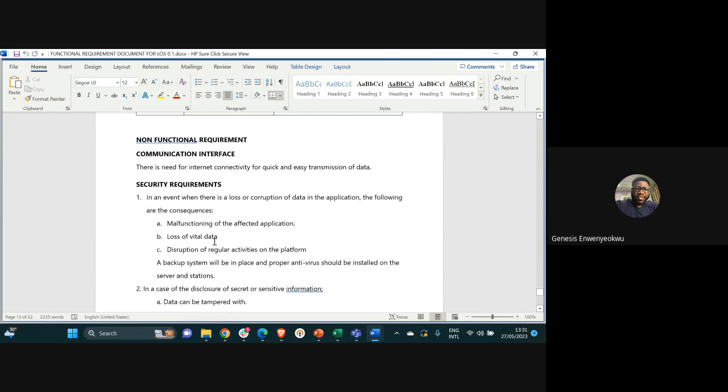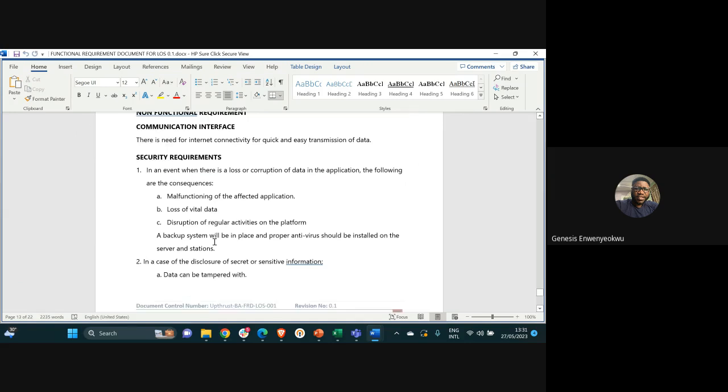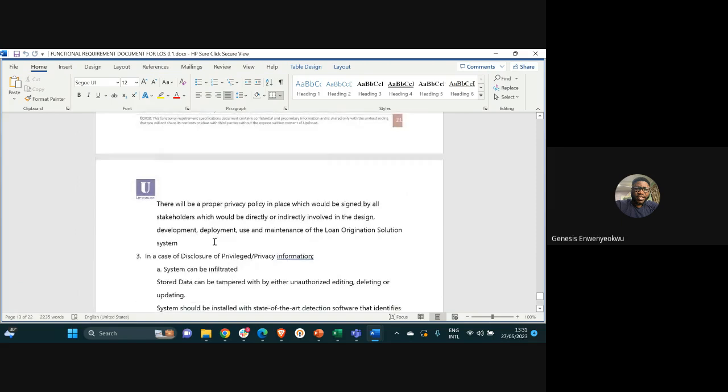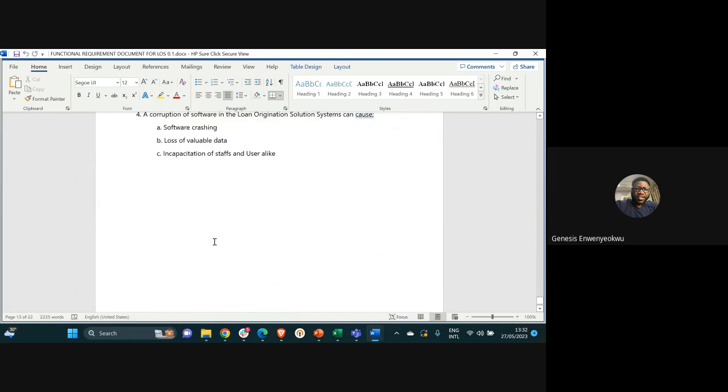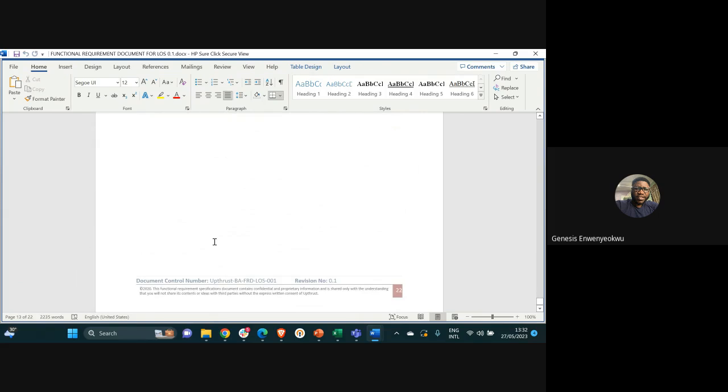By the time you're done with your functional requirements, you now talk about your non-functional requirements, like your communication interface, your security requirements, and all of that. By the time you finish preparing this, you have a very well-detailed functional requirement document, which you can share with your technical team so that they can use it to break down the work they need to do and start implementation. I don't know if you have any question related to the documentation format I just walked you guys through.